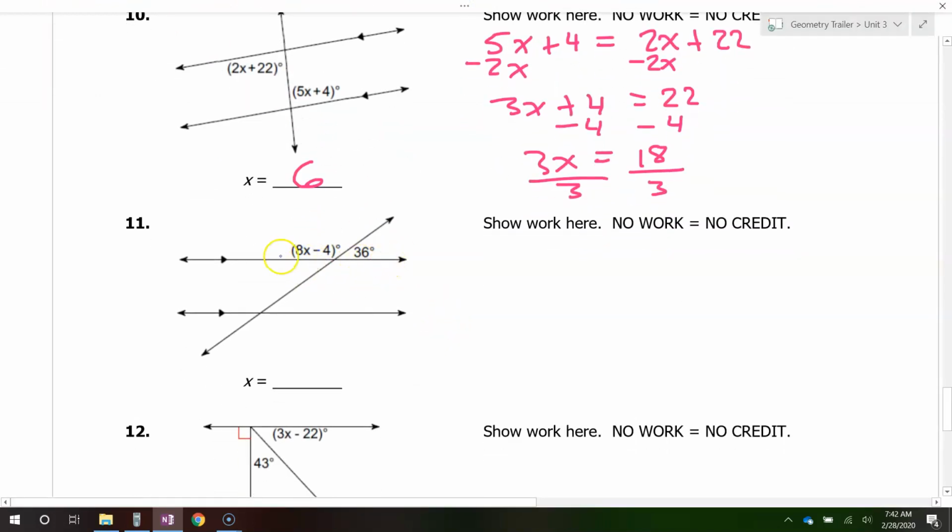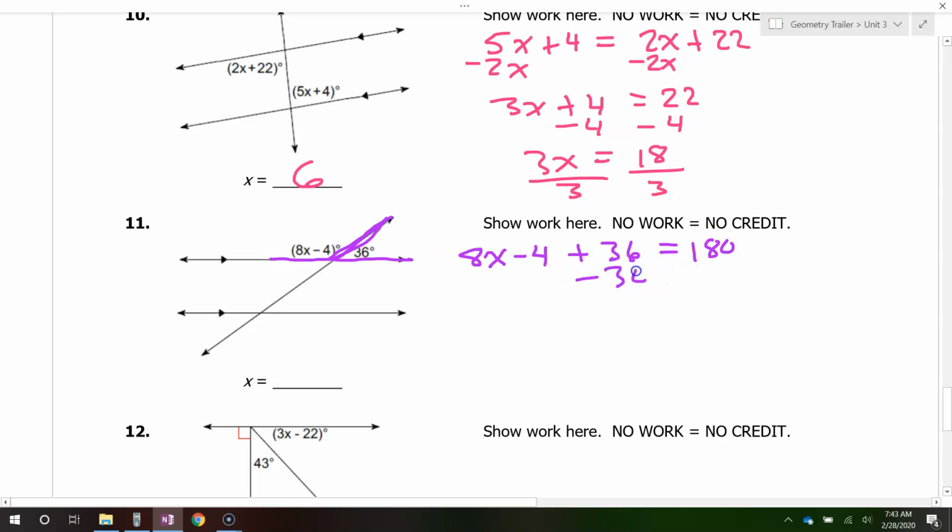Now, these are a linear pair. You can see that together they form a straight line. So that means they have to add up to 180. So 8x minus 4 plus 36 has to add up to 180 degrees.